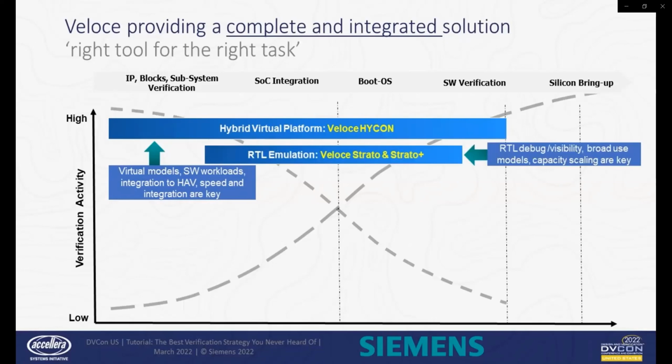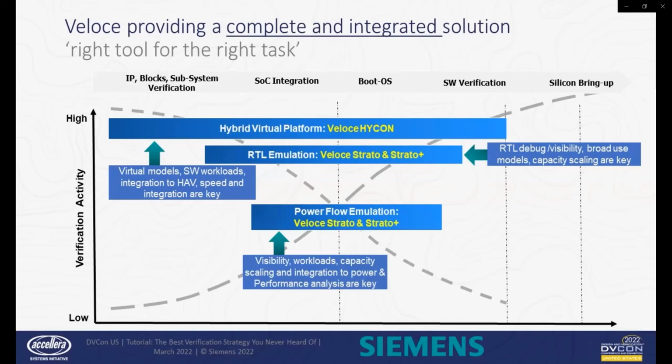If we look at the emulation domain, we start with RTL emulation with Veloce Strato and or Strato Plus. Here the key is RTL debug and visibility. You need broad use models, and you need to scale in capacity from basically subsystem block all the way to full SoC.